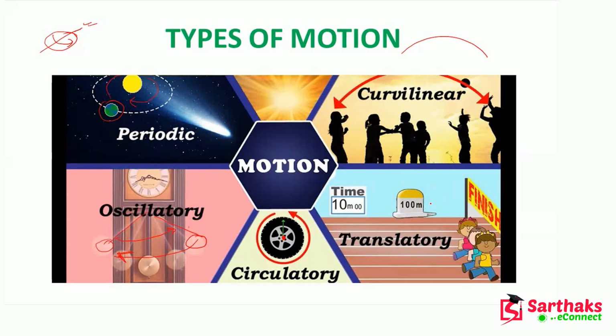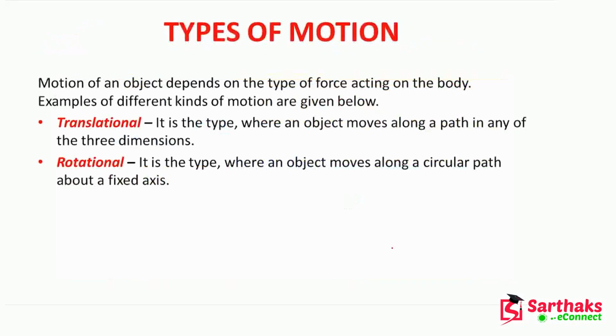If you are participating in your school's sports day, in a 100-meter race or 200-meter race, here they are doing this thing. It might be the yellow shirt person who won the game. So that is the translatory motion.